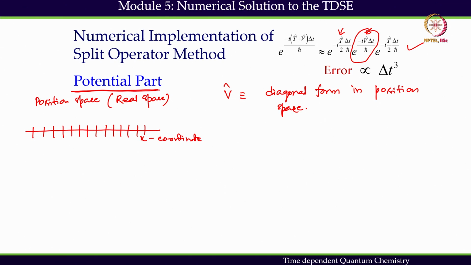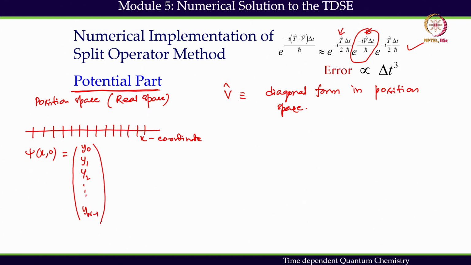In the position space grid, we know that the wave function psi(x0), let's say at t equals 0, is a discretized wave function. On the grid representation we have a discretized wave function y0, y1, y2, like this, up to yn minus 1.